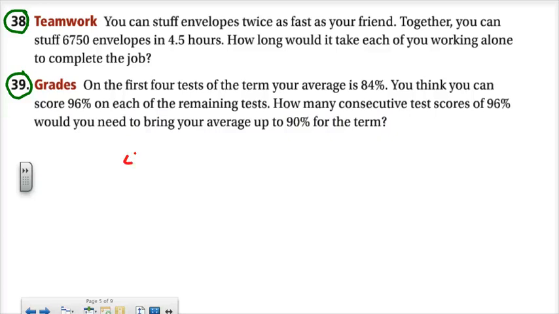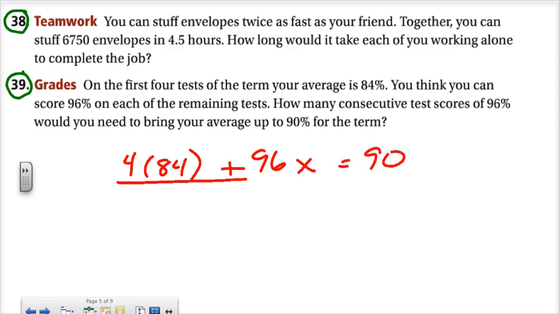Well, you've already had 4 tests on which you scored 84 out of 100. Now we want to figure out how many tests you would need to score 96 out of to get 90%. Well, percents are always what you want divided by what you have. And what we have here is 4 plus the number of tests, because that's the average.